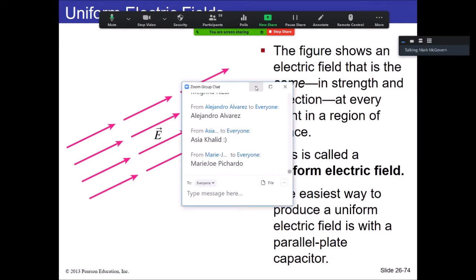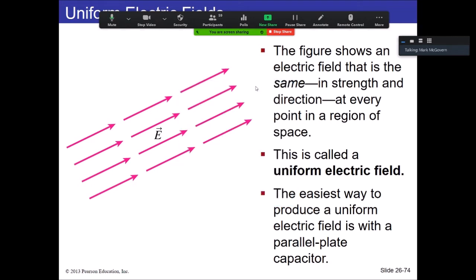Now, there's a lot of really great things you can do with uniform electric fields because when a particle is placed in a uniform electric field, it'll experience a constant force when it's in the field and therefore experiences a uniform acceleration, which means now we can open up to the whole slew of problems that come from the kinematic world.